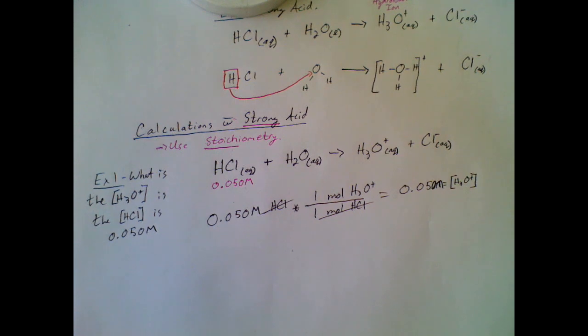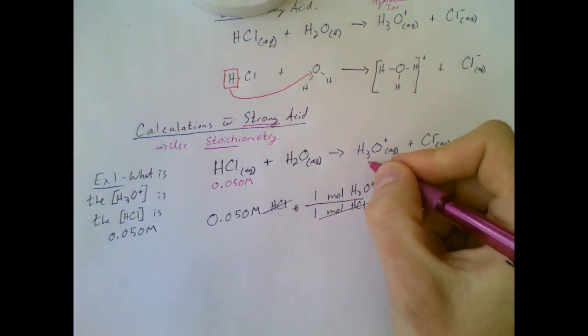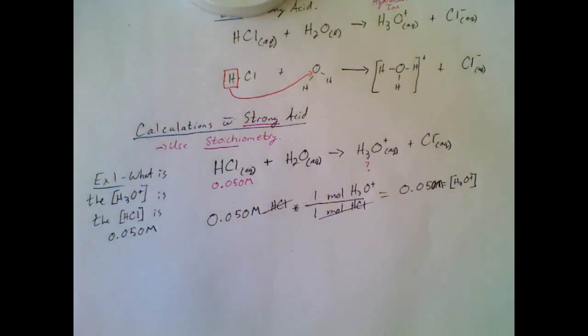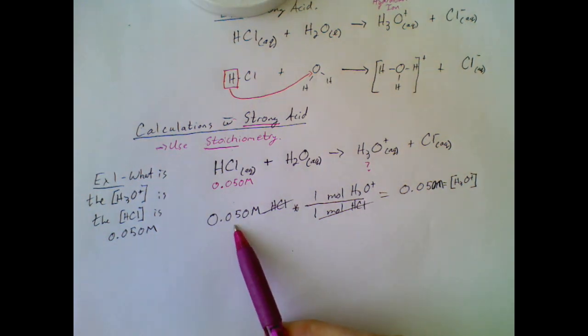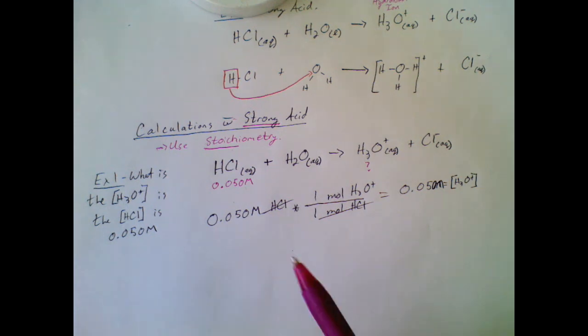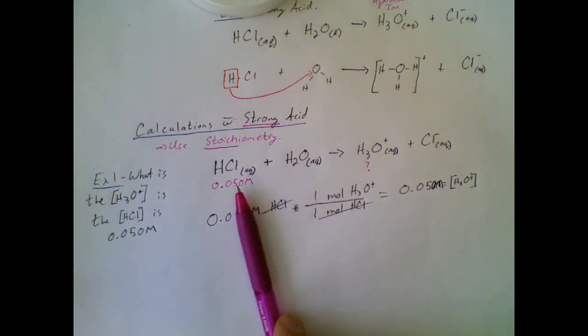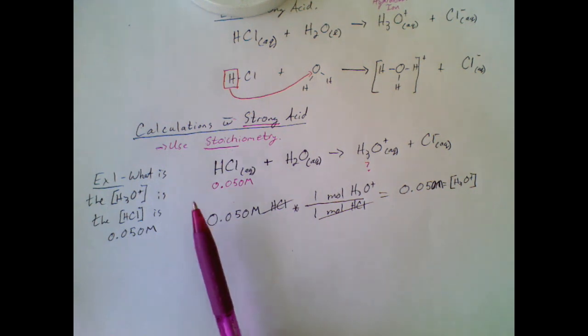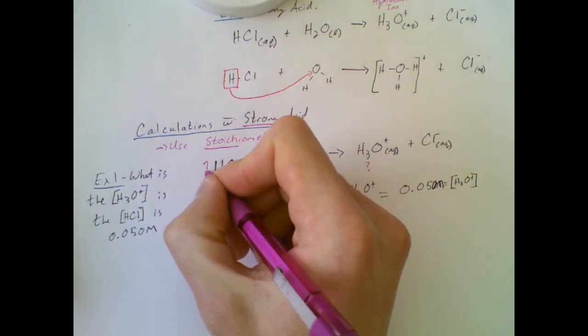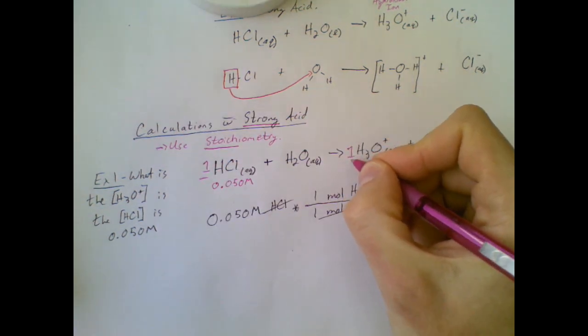What you probably noticed as we tried to find the concentration of H3O+ is that the concentration of H3O+ is the same as HCl. And it'll actually work out with strong acids that you always end up getting the same concentration for H3O+ as you did for your original acid. That's because it's always going to be a 1-to-1 ratio.